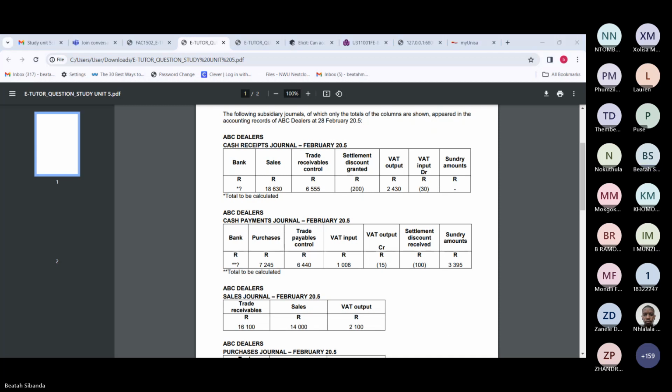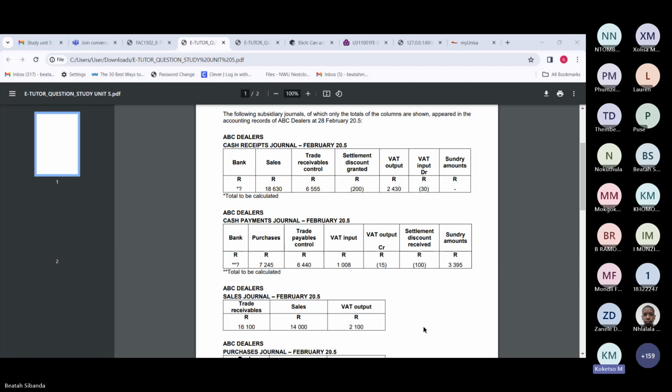Ma'am, I'm completely lost. Can we just go back to the cash receipts journals and the cash payment journals, like the VAT? I understand everything else, but the VAT input and output, I just got lost from there. I think most people can attest to that.